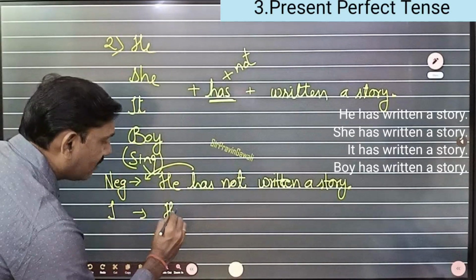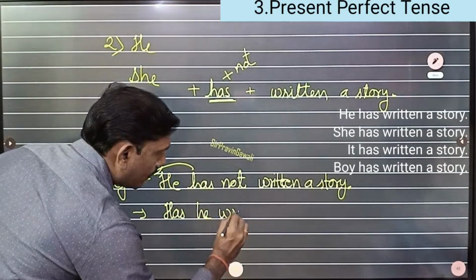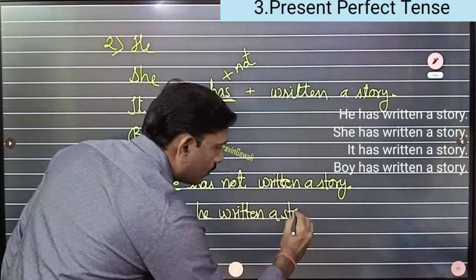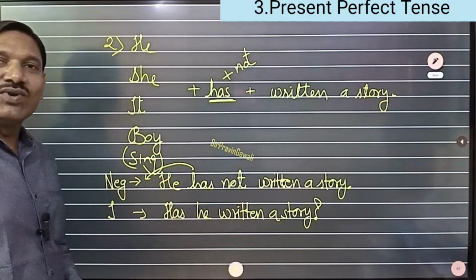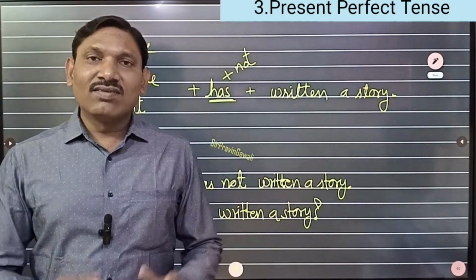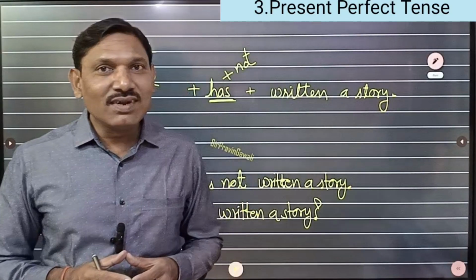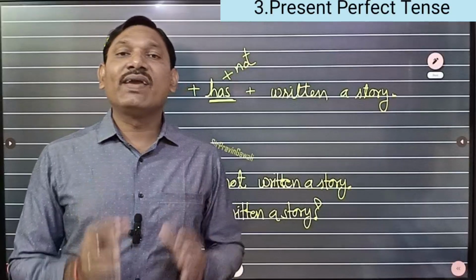Now, for example, has he written a story? At the end, we have to put the question mark. Okay, students, have understood this much? Dear students, today we have studied present perfect tense. Okay, students? Yes, with the help of examples, as well as we have seen how to make it negative and interrogative.